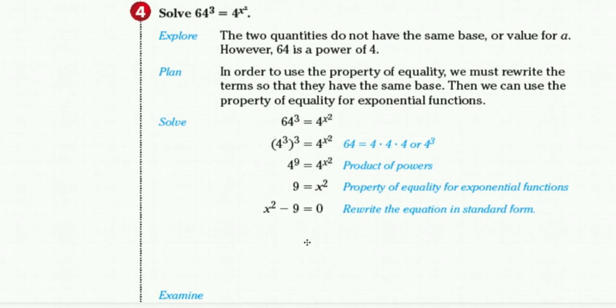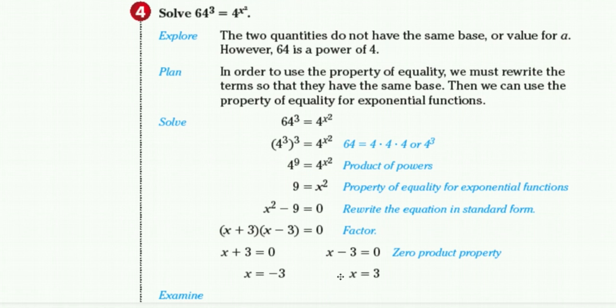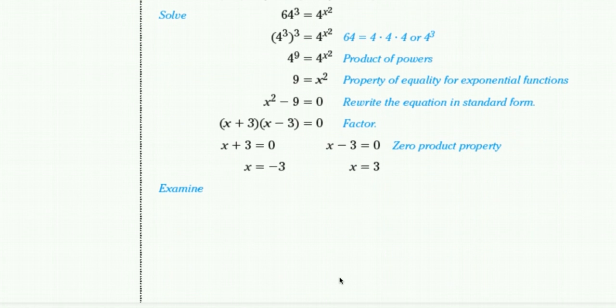Now, subtracting 9 from both sides, realizing that x squared minus 9 is a difference of squares. So we have x plus 3 times x minus 3 equals 0. Okay? And using the zero product property, we have x plus 3 equals 0 and x minus 3 equals 0. We find the values for x as negative 3 and 3. Okay?